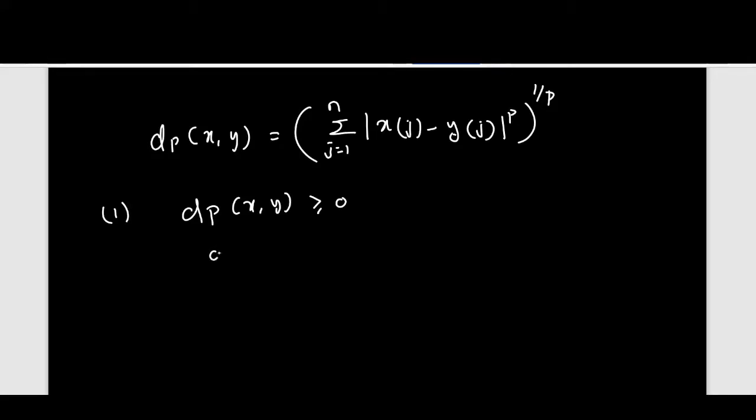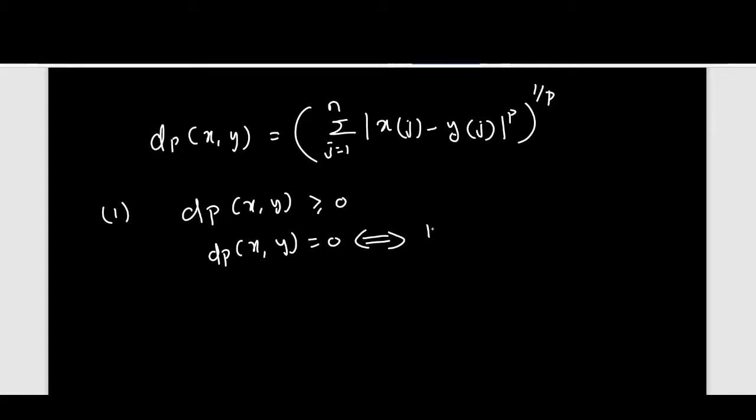Also, if d_p(x,y) equal to 0, this means summation j varies from 1 to n, |x_j minus y_j|^p, whole raised to 1 by p, is equal to 0.